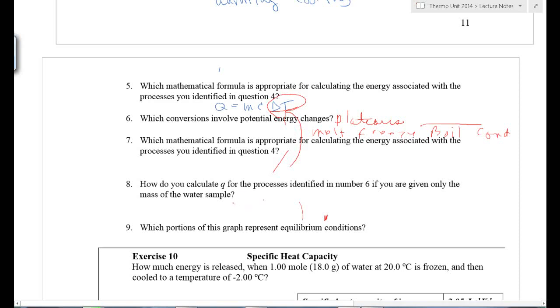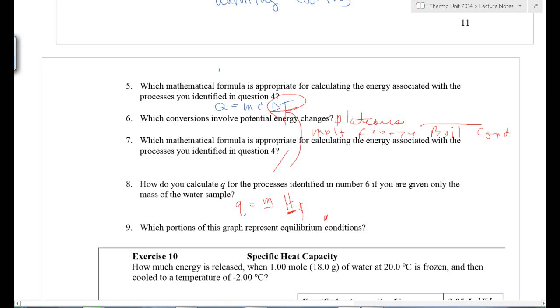But in fact, there is an energy change. So Q here is going to be some quantity times some constant. So the quantity can either be mass or moles, depending on what my constant is.